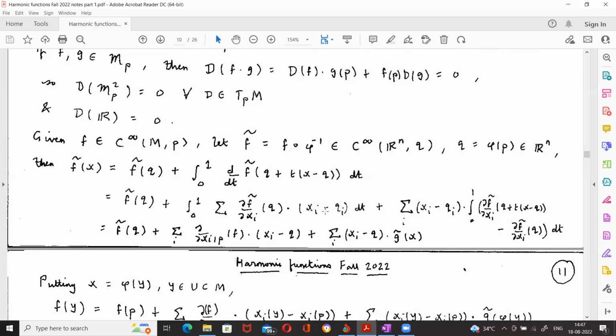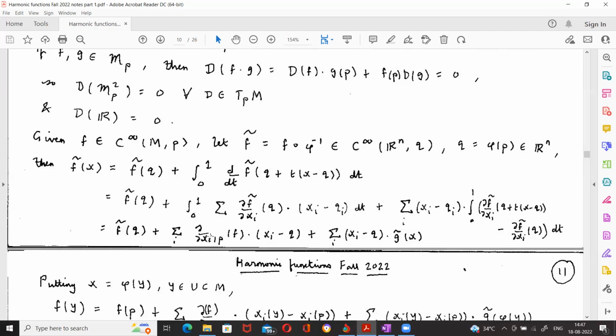And so then I get a sum like this. So here, well, these don't depend on t. This is just a constant. So what I'll get is f tilde of q plus sum over i. What is del xi of f tilde at q? This is by definition the element of the tangent space, del del xi acting on f, right?